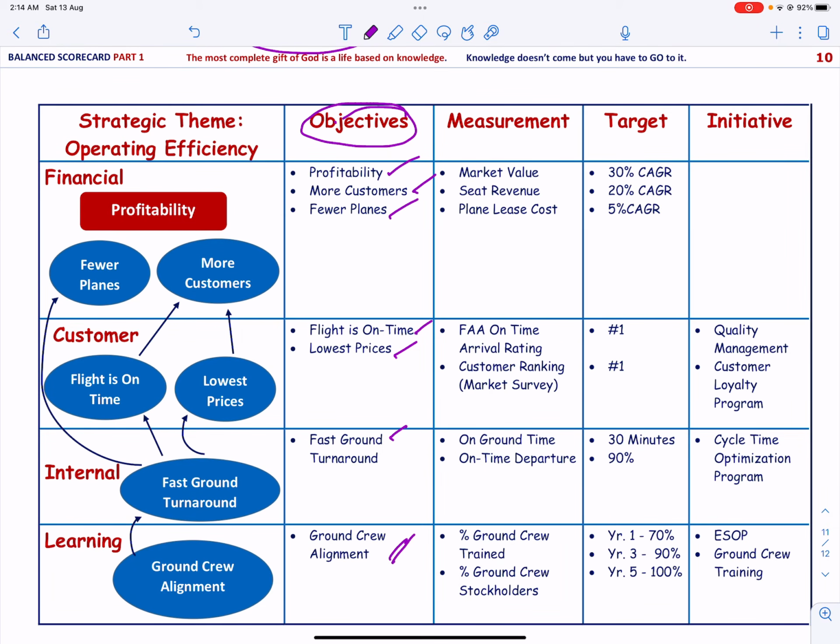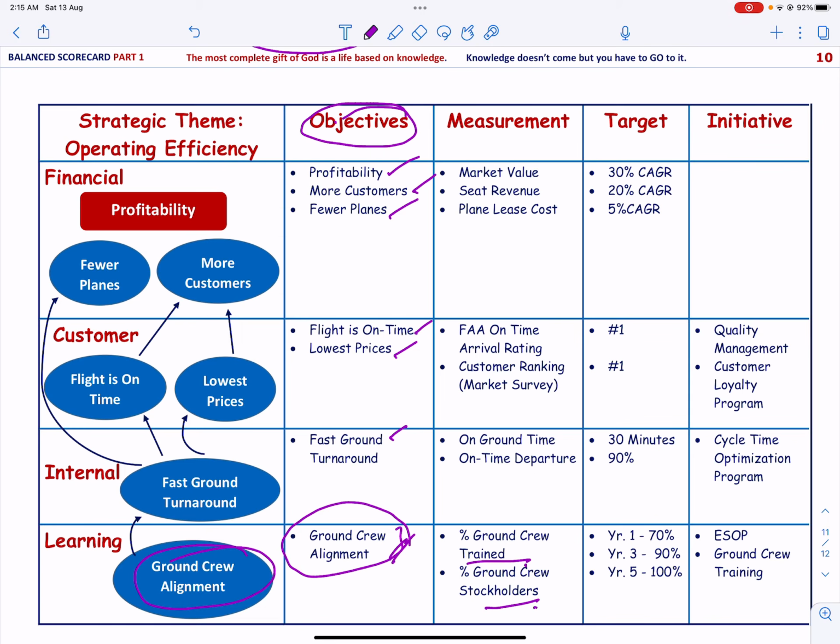The first objective is ground crew alignment. Southwest Airlines wants to make sure that its employees are doing a good job on the ground. So the company must provide training and motivate them to work efficiently and effectively.